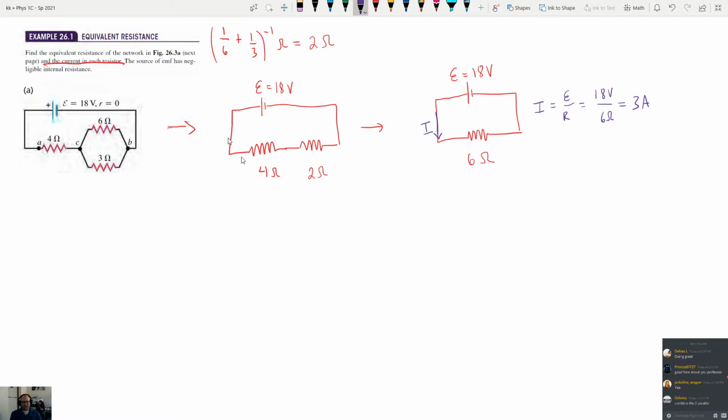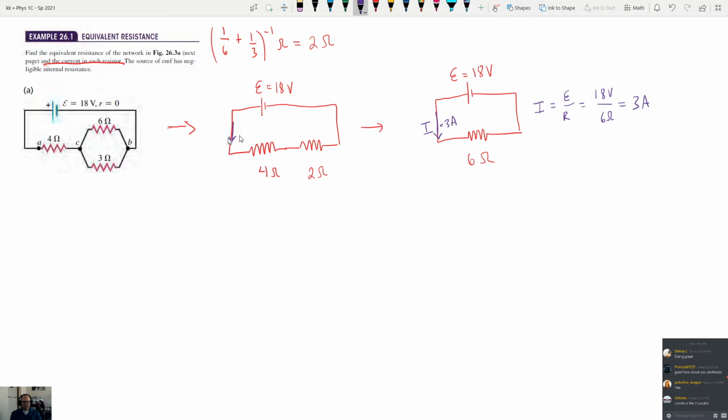We then have to look back to our picture that came before and say, if that current was flowing through this combination of the 4 ohm and the 2 ohm resistor, then what would the current flowing through the 4 ohm resistor be? It's also 3 amps.